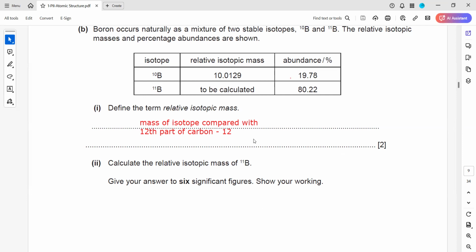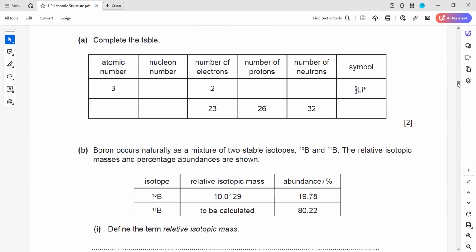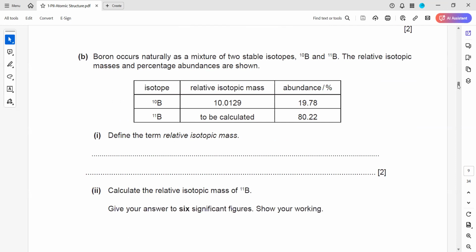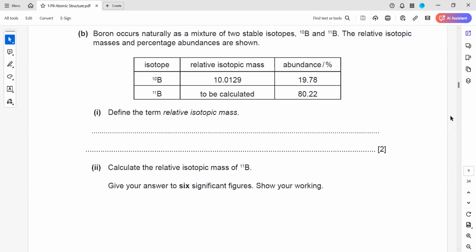We can use the same idea, like percentage of the isotope, and give your answer to 6 significant figures.